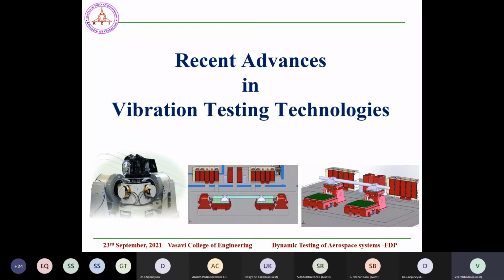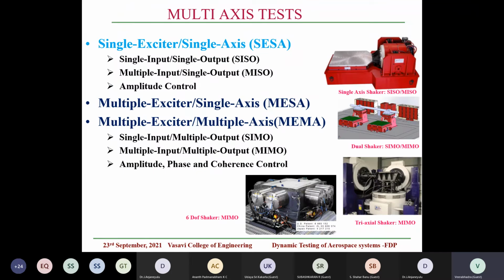So to simulate more realistically the vibrations felt by long systems, different techniques have come, what we call MIMO systems or multi-axis test. Whatever we have explained up to now is a single exciter, one shaker in a single axis. So we can do single input single output, or multiple input single output, and in these systems we are only controlling amplitude.